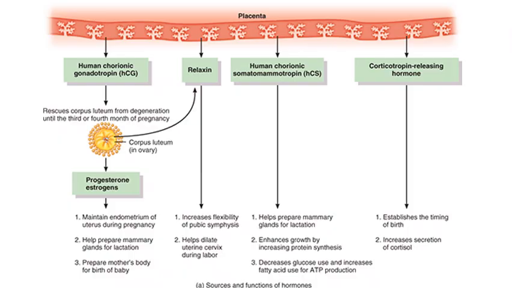Now, the hormone most recently found to be produced by the placenta is corticotropin releasing hormone, or CRH. In non-pregnant people, this is secreted only by neurosecretory cells in the hypothalamus. It is now thought to be part of the clock that establishes the timing of the birth. Secretion by the placenta begins at about 12 weeks and it increases enormously towards the end of pregnancy.